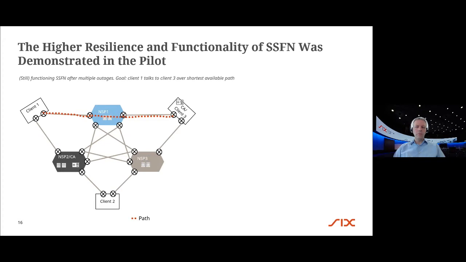So let's say we have a problem with this router on client 1. The one that provided the connectivity over to client 3 is now broken, and immediately the path will fail over to network service provider 2 and then go, let's say, through NSP1 over to client 3.